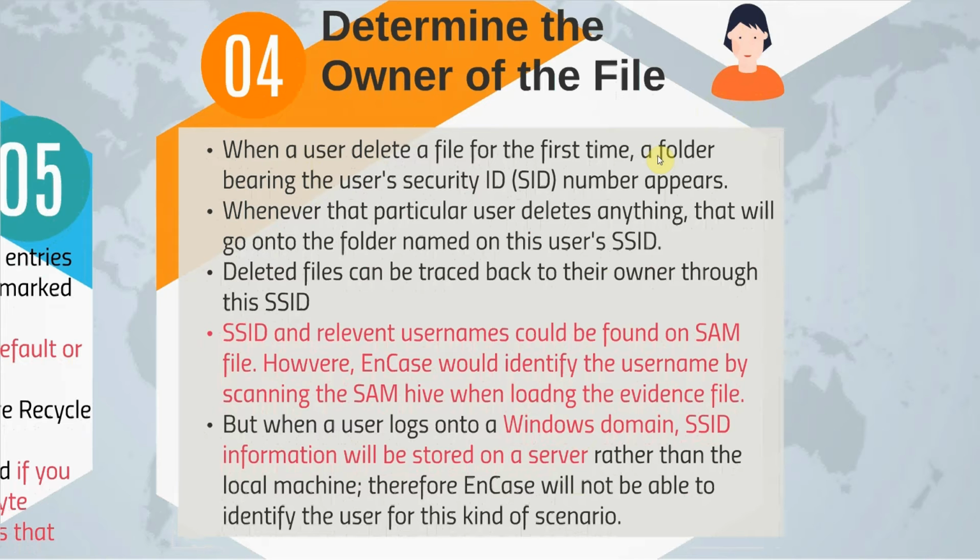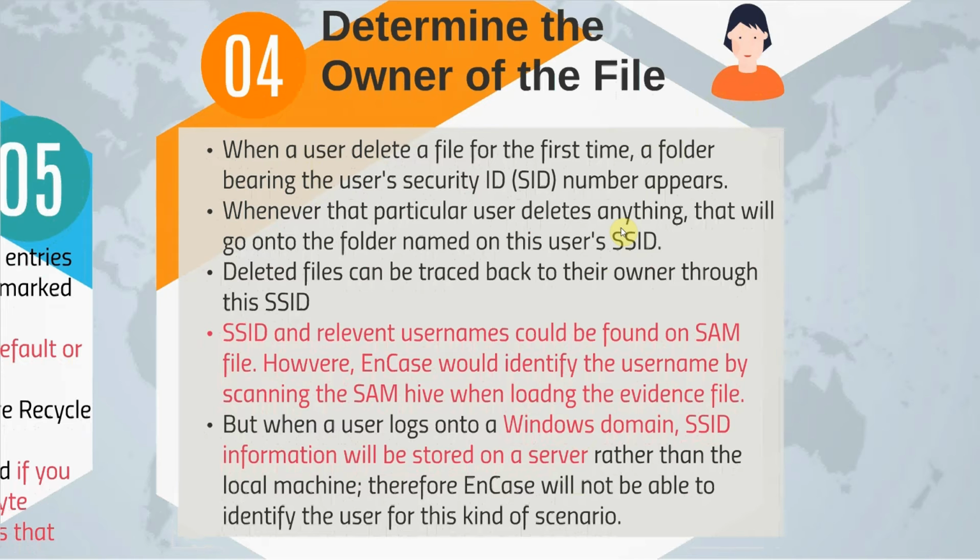So what we have done so far, just a brief recap before I take you to the practical session. As soon as you delete a file, the MFT entry is deleted. Another MFT entry is created as this file moves into the recycle bin. Within the recycle bin, you have another database, the Info2 database.